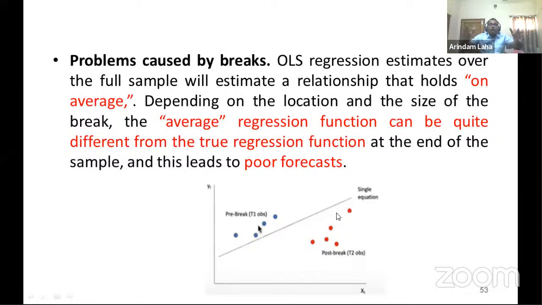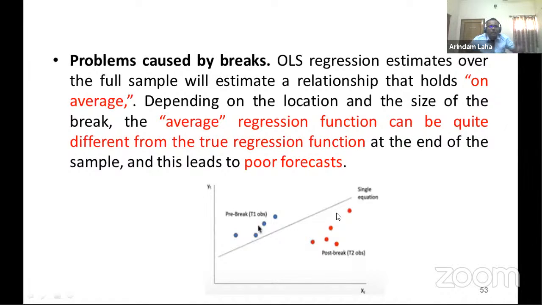So if you are dealing with a full sample, it is not your trimmed sample. We shall consider the trimmed sample later on. Let us now consider your full sample, the whole period. You are not dealing with sub-period analysis.